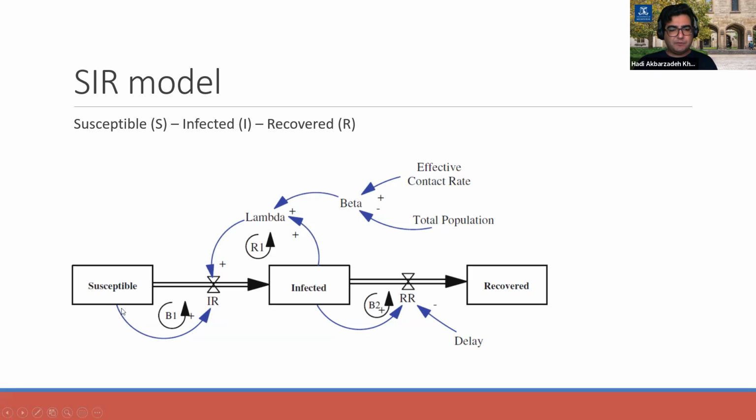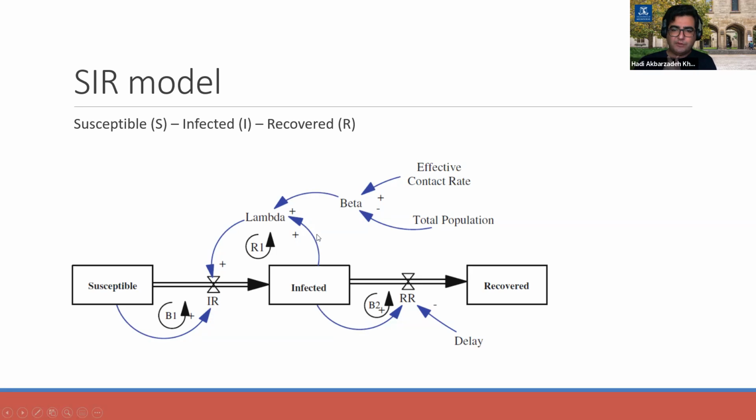So we have the susceptible, who can go with the infection rate and be infected, and again those infected people can be recovered with a rate or flow as recovered ones. We know that the number of susceptible people can influence the infection rate.